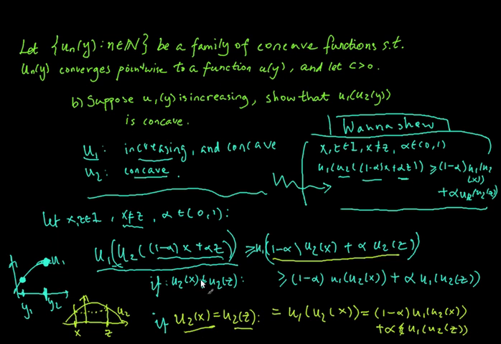And then again I've shown concavity, so it doesn't really matter if u2 of x is equal to u2 of z, there's concavity either way. So what we conclude from this is if u1 is concave and increasing and u2 is concave, then u1 composed with u2 is concave.